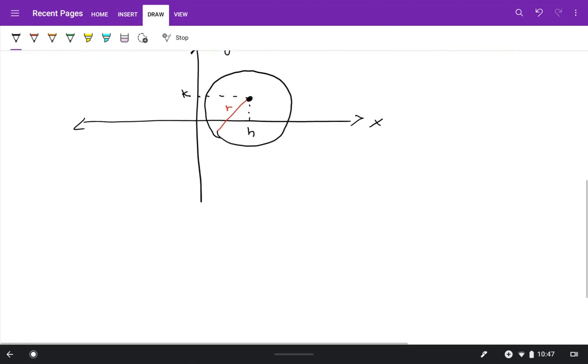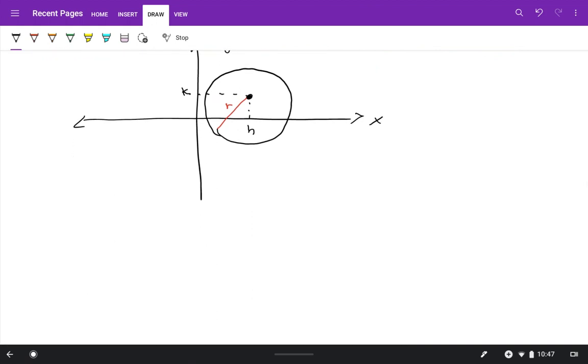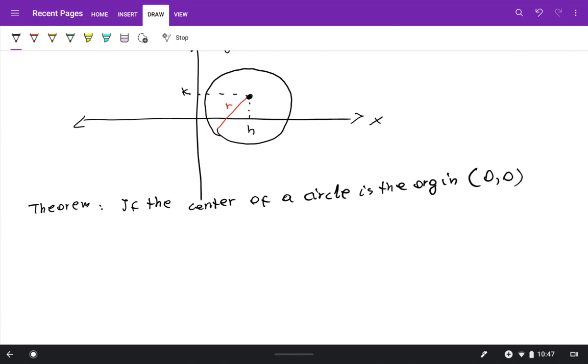Now I'm going to give you the theorem. If the center of the circle is the origin, so technically point 0 comma 0, then the standard form is just x squared plus y squared equals radius squared.